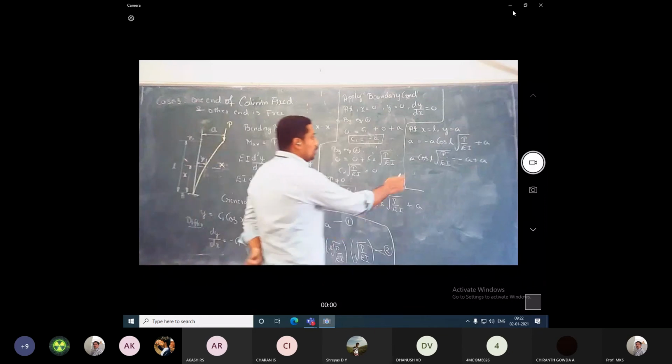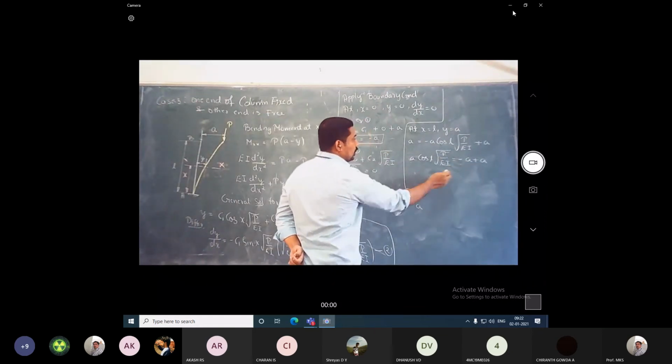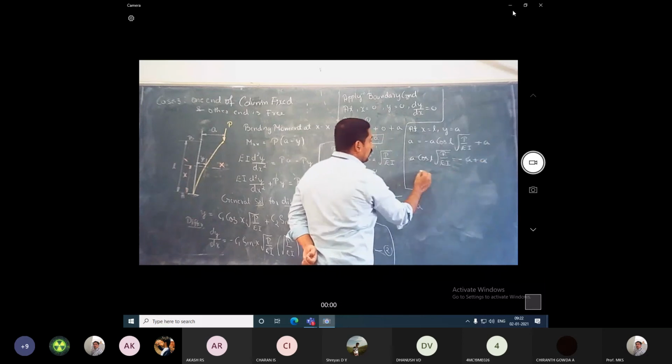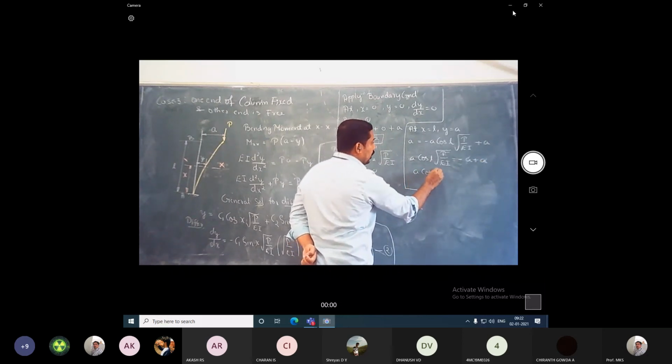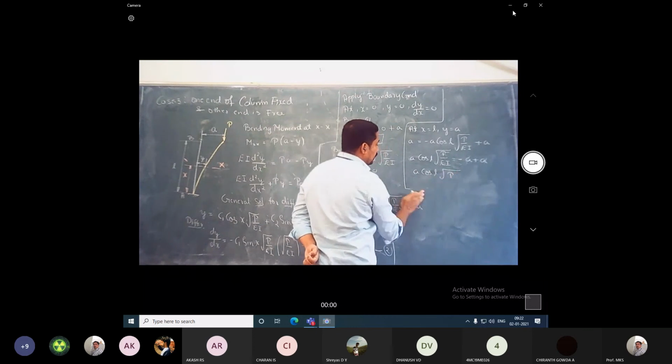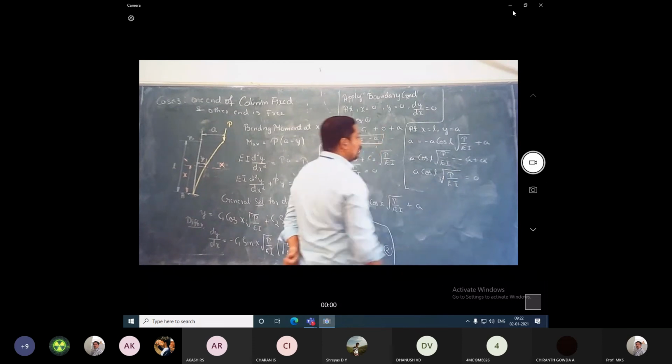So now this gets cancelled, it is 0. So this term will be 0, or A cos L root P by EI will be equal to 0.